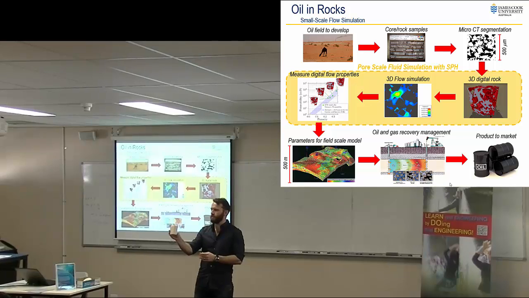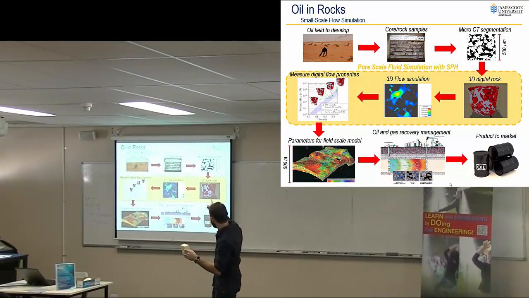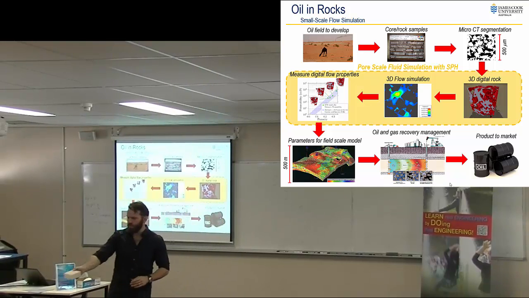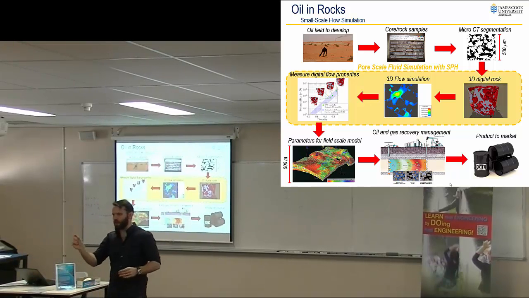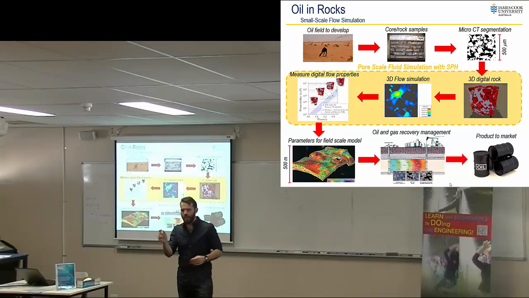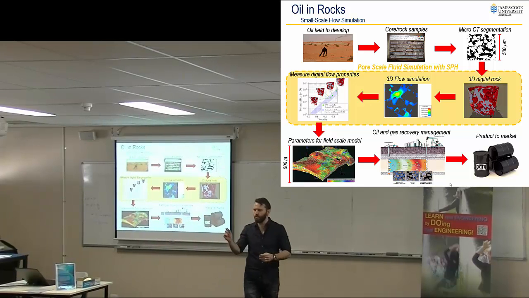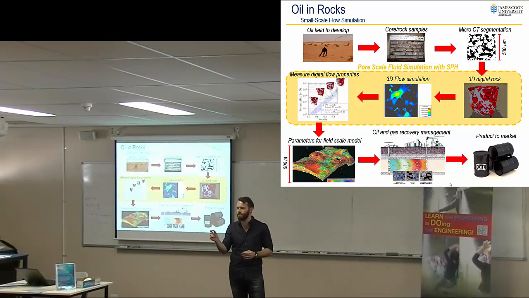This is reservoir rock. This is dolomite reservoir rock, and the dimensions of this is blown up. This is basically 0.5 millimetre by 0.5 millimetre by 1/4 millimetre. So that's the same as the micro CT segmentation. So what we can do is get reservoir rock and take CTs of it. If you look at that, and then imagine that shrunk right down, you can see how difficult it would be to get a really viscous fluid out of that, particularly when it's combined with gases and waters and things like that.